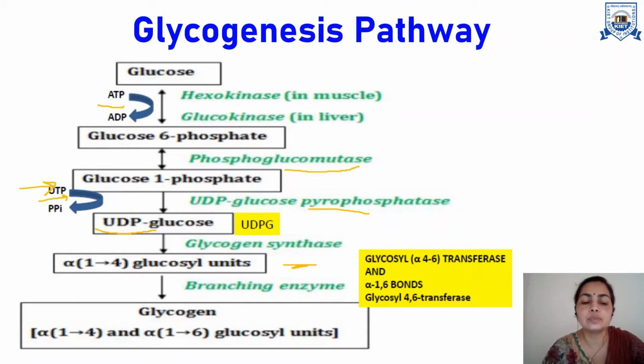It transfers the first molecule of glucose to glycogenin, and then glycogenin itself takes up a few glucose residues to form the fragment of primer. In this way also glycogenesis can be initiated. So this is step 2 of glycogenesis. Then in step 3, there is glycogen synthesis with the help of the enzyme glycogen synthase.